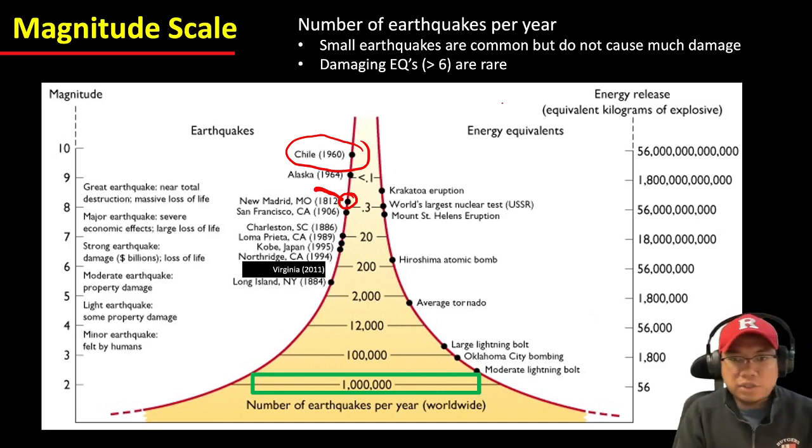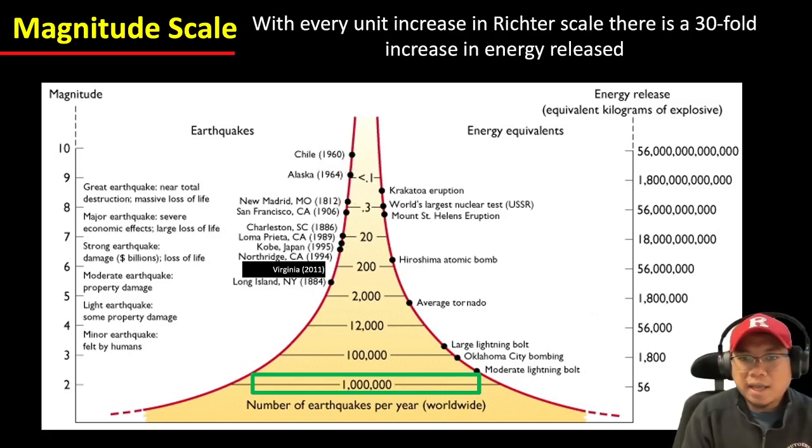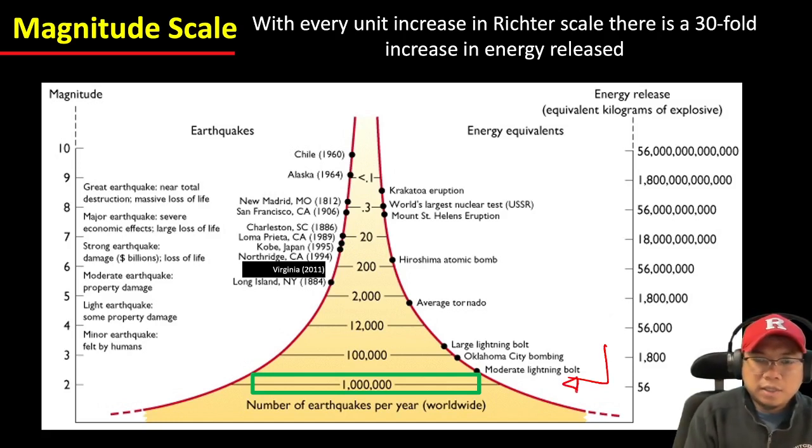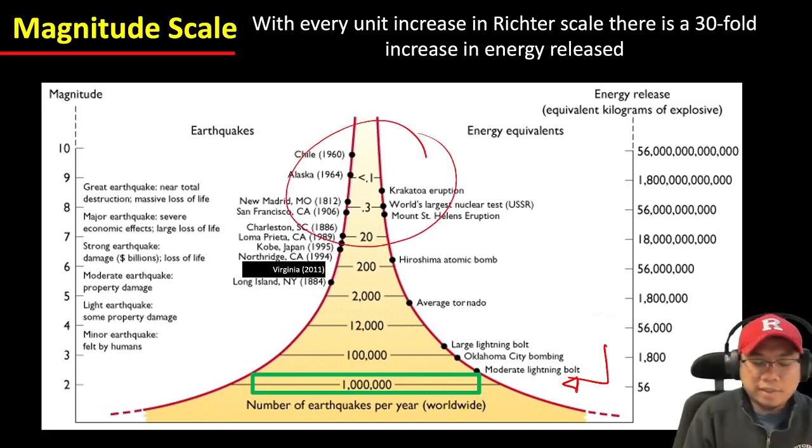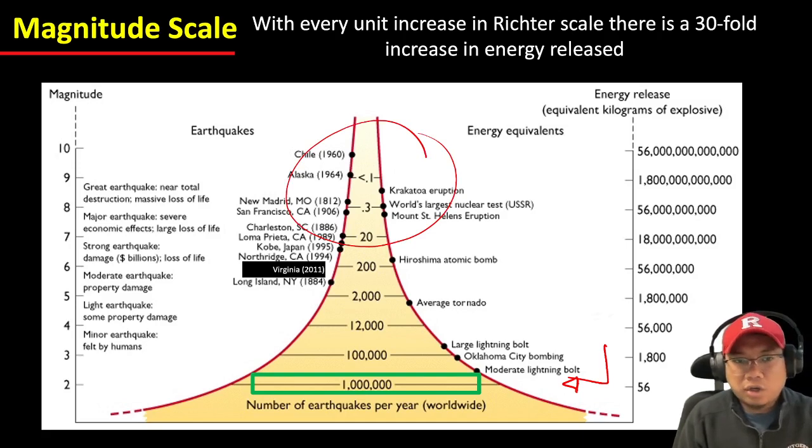So hopefully that shows some illustrations of how common earthquakes are. Again, smaller earthquakes are very common, but of course they are too small to be felt by humans. But luckily we also have bigger earthquakes, and they do not occur as often as the small earthquakes.